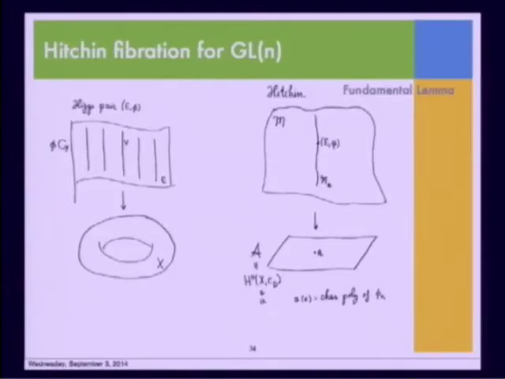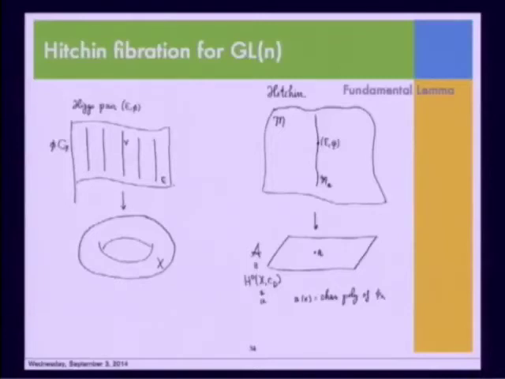And if I have something in the Lie algebra, we can take its characteristic polynomial in the sense that we did in an earlier slide. So fiber by fiber, I can take a characteristic polynomial, and then I can vary that as I go from fiber to fiber, and I put those together. I get a section over X with values in this space of characteristic polynomials. And this is just the Hitchin map.